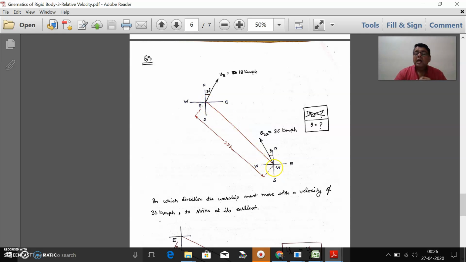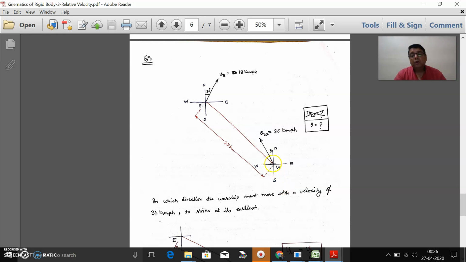Ideally this will start moving like this, and this will start moving like this. So the only possible way to solve this numerical is, let us stop the enemy ship at this position only, and then the warship should go along this line only. But actually the warship will move through some other line.